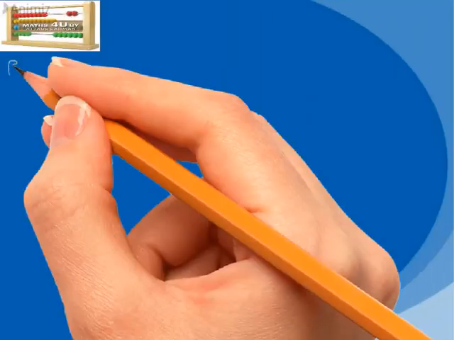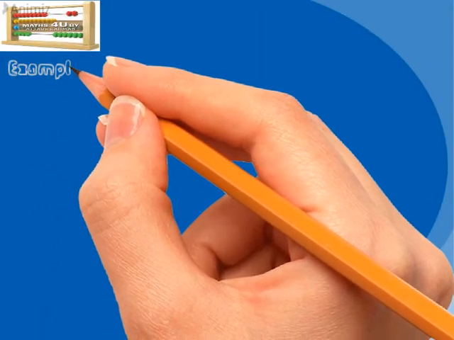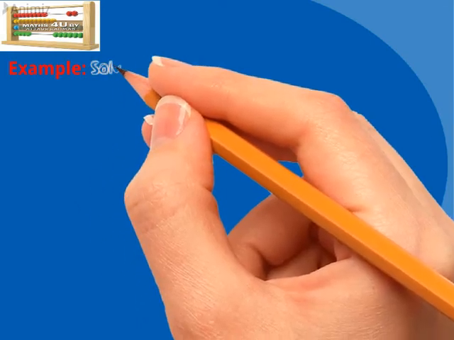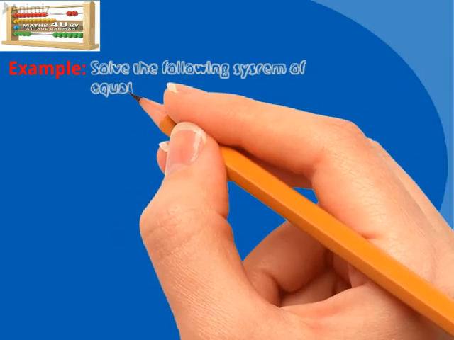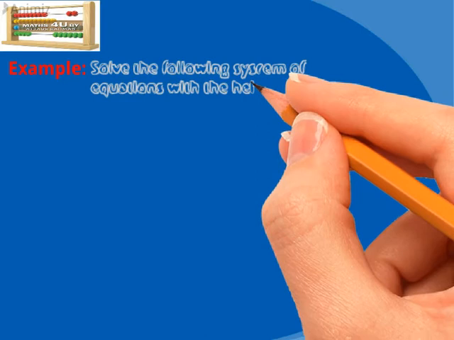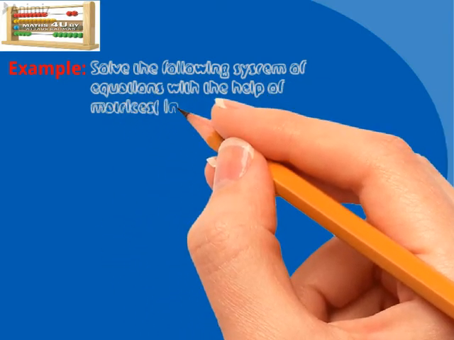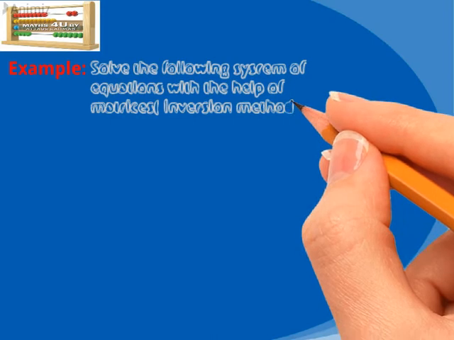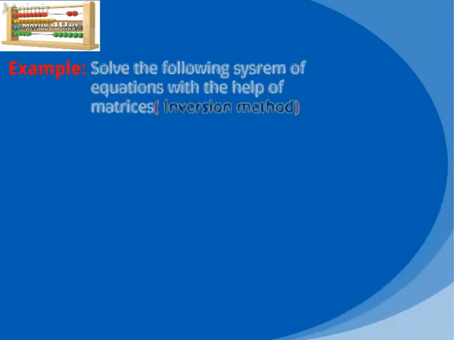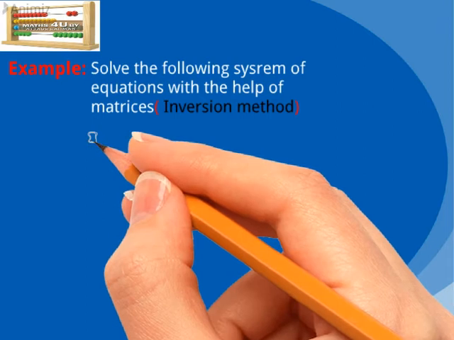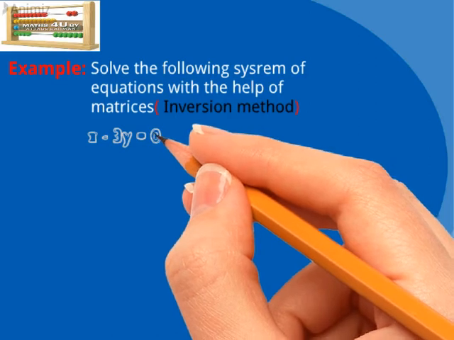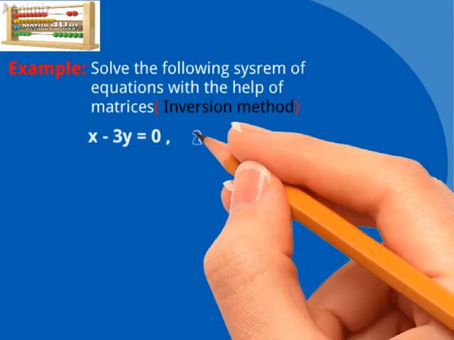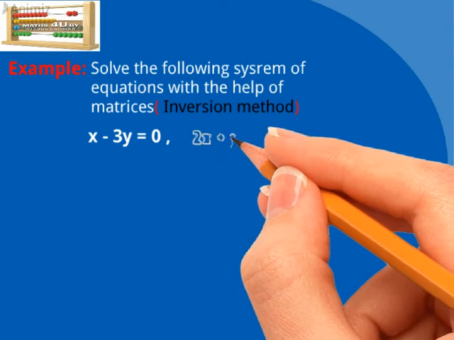Let us consider an example. Dear students, in this example, we will try to solve the system of linear equations by using the inversion method, and we confine ourselves to just two equations, that is, x minus 3y equals 0, and 2x plus y equals 7.